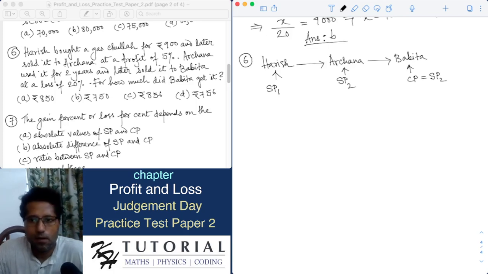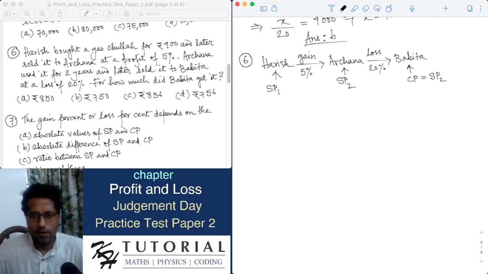Okay. So Harish sold to Archana at a gain of 5%, and Archana used it for 2 years and later sold it to Babita at a loss of 20%. Archana lost 20%.